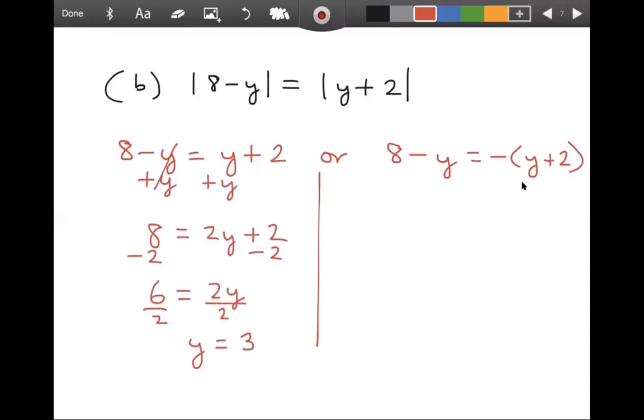For the other equation, I get 8 minus y equals negative y minus 2. And now something kind of weird happens. No matter whether you're trying to put the y's on the left side or the right side, at some point you're going to do plus y on both sides. This does not usually happen. The y drops out on both sides.